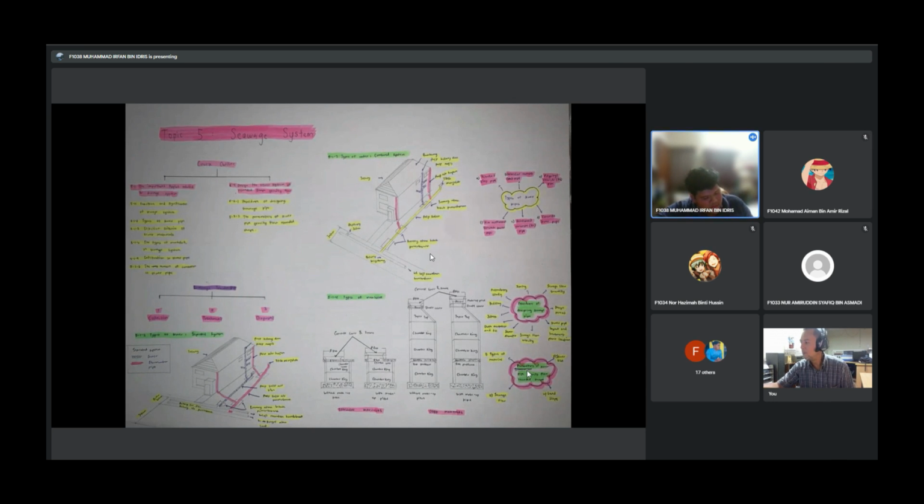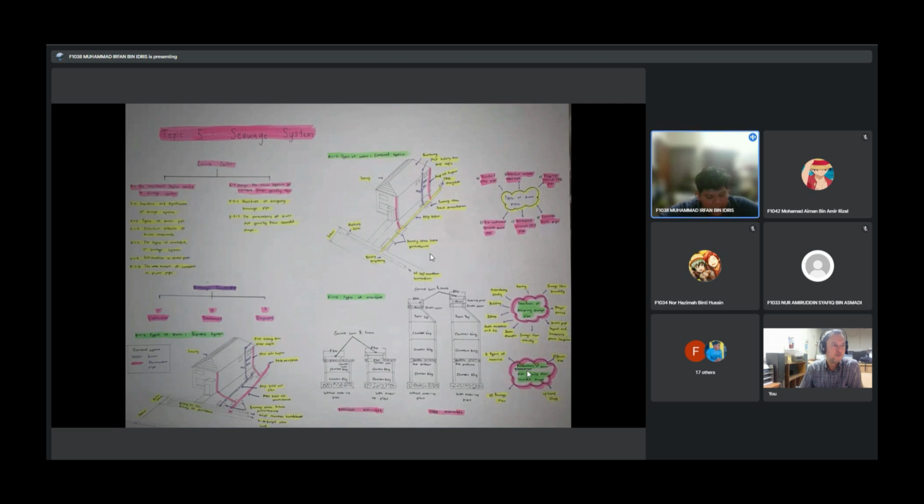So for the sewage system, the important topics related to sewage system are function and significance of sewage system, type of sewer pipe, selection criteria of sewer materials, the types of manholes in sewage system, infiltration in sewer pipe, the reason of corrosion in sewer pipe.